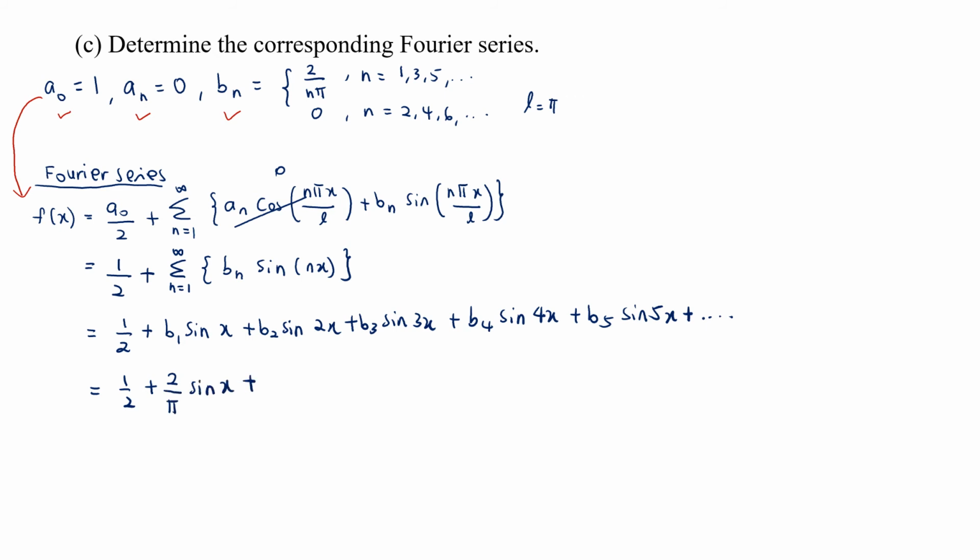The next one is b2, where b2 is equal to 0, plus b3 will be 2 over 3 pi sine 3x, and then b4 will be equal to 0 plus b5 is 2 over 5 pi sine 5x and so on.